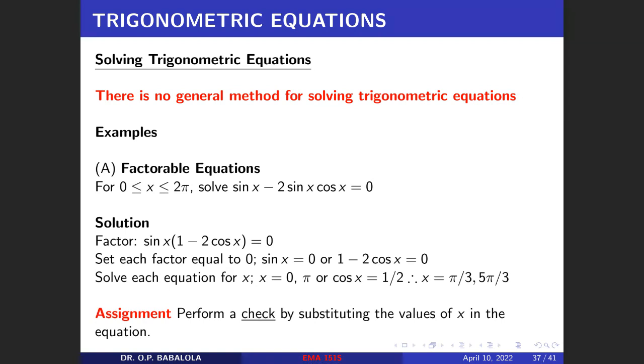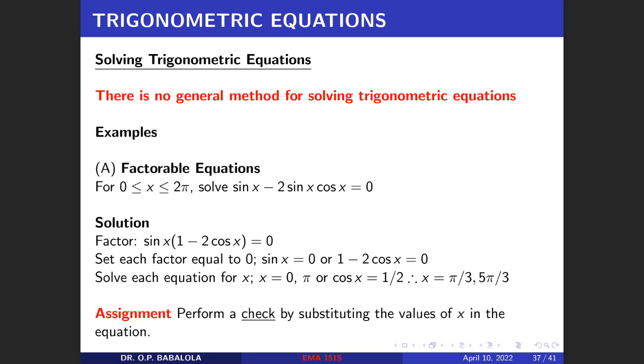I have it as sine x times 1 minus 2 cos x, which equals 0. Then I set each factor equal to 0. That is, sine x is 0 or 1 minus 2 cos x equals 0. Then I solve for each equation. In this case, x will be equal to 0, pi, or x will be equal to pi over 3 or 5 pi over 3.